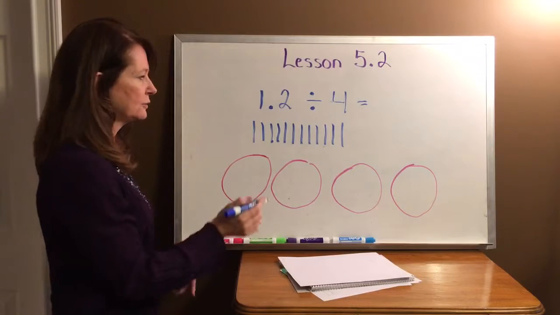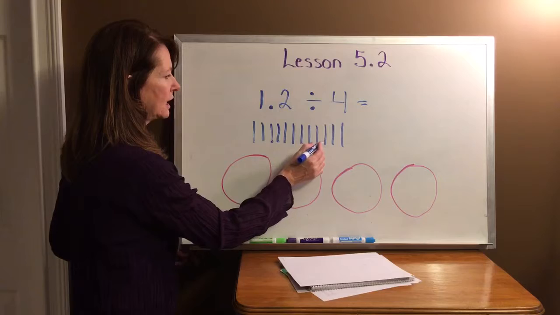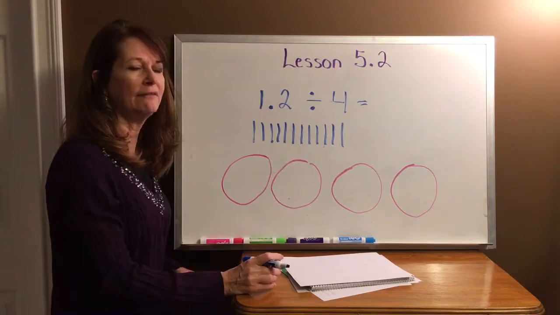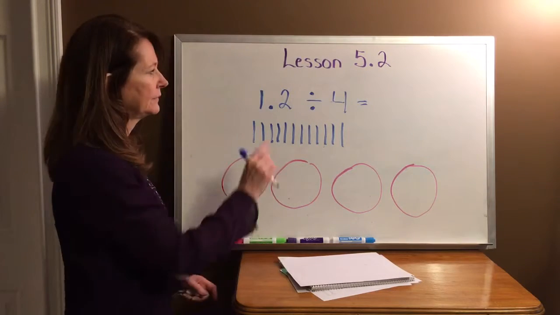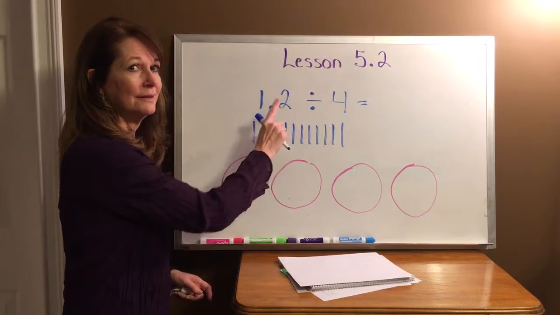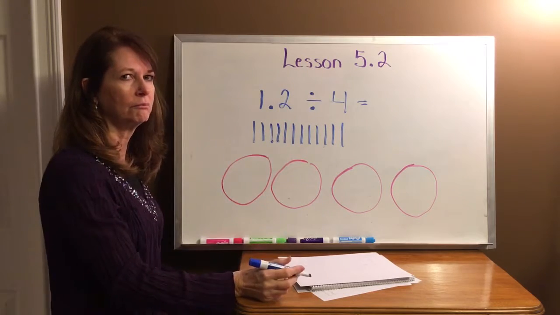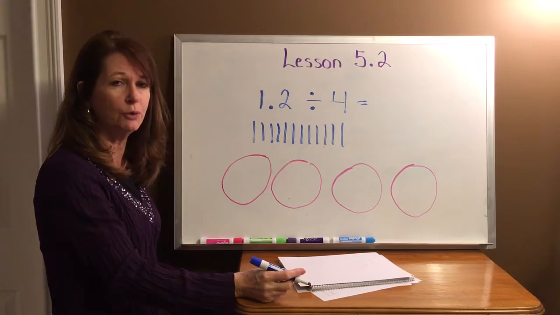Okay, so how many of these do I have? 1, 2, 3, 4, 5, 6, 7, 8, 9, 10, 11, 12. I have 12/10. You see that? I have 12/10, or 1 and 2/10. Both are true.